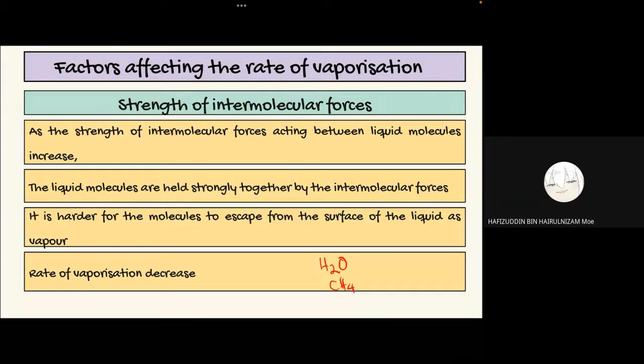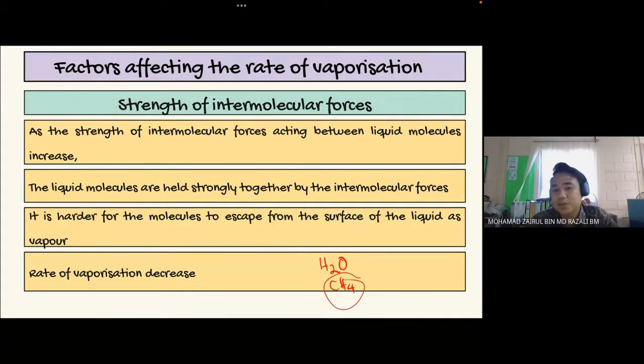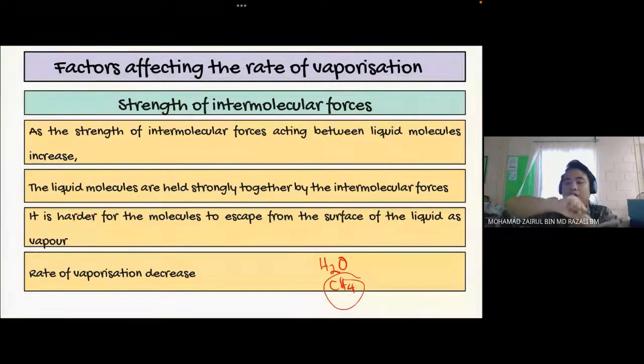Methane. Methane lah, sebab methane dia ada London Dispersion Forces, so it's very weak. Sebab tu nanti sem 2 awak akan buat banyak eksperimen organik, maknanya awak akan banyak guna organic compound. Contohnya paling biasa awak guna cyclohexane. Cyclohexane tu adalah hydrocarbon lah, dia ada London Dispersion Forces, maknanya dia ada intermolecular forces. So once awak buka botol cyclohexane tu, boleh bau dia. Sebab apa?